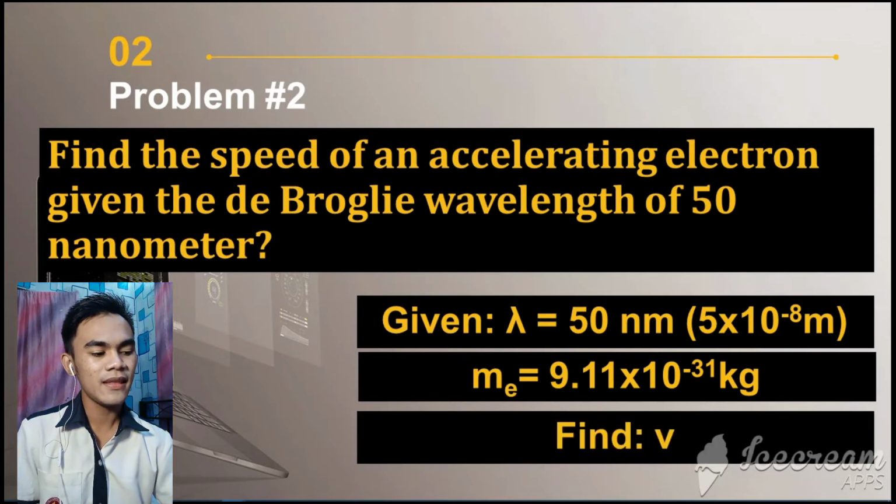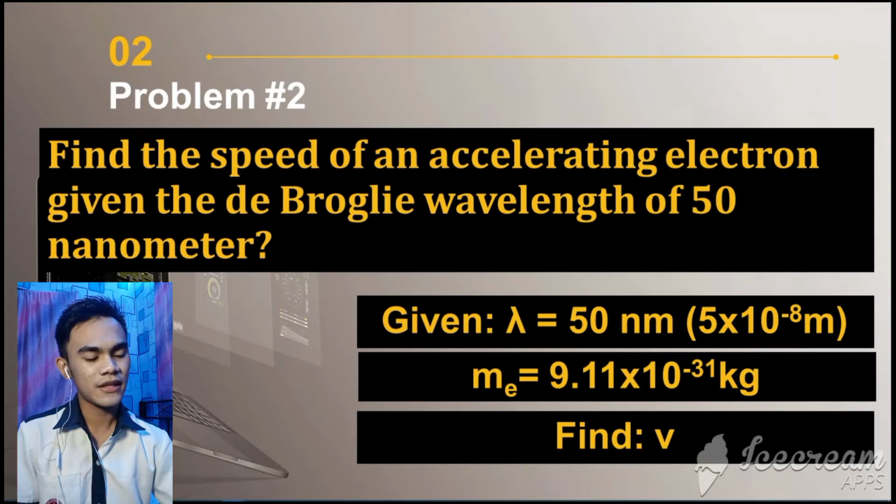We're going to find v, the speed of the accelerating electron.